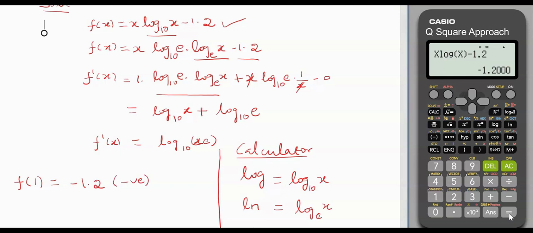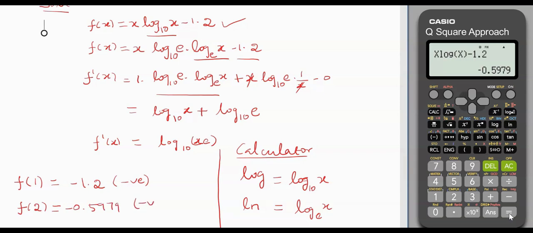And again in the calculator, press calculation button, give x is equal to 2. Then we have minus 0.5979, that is f of 2 is equal to minus 0.5979.